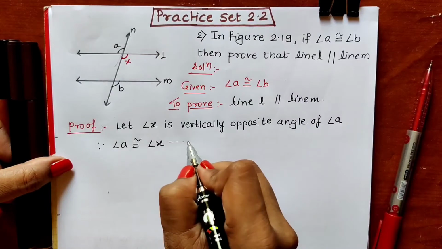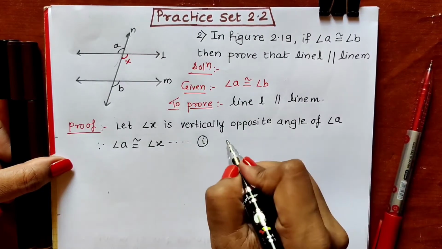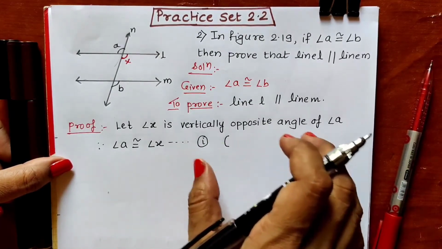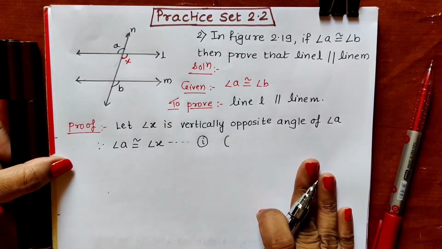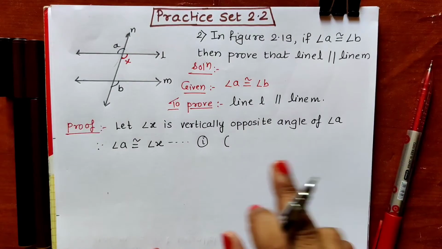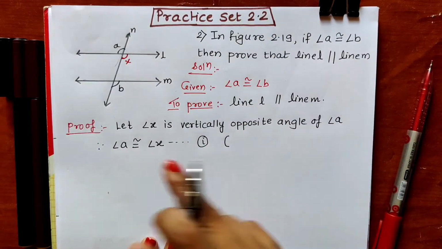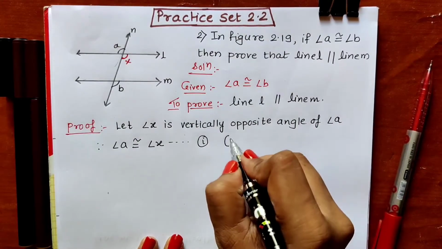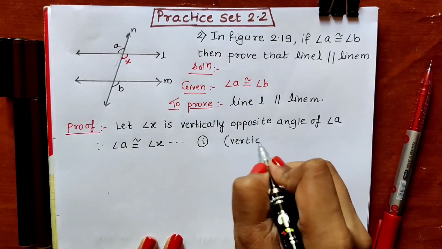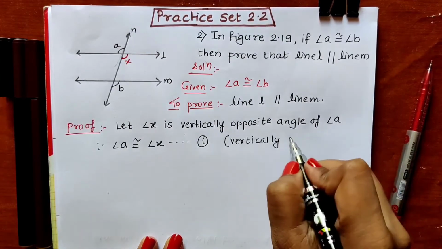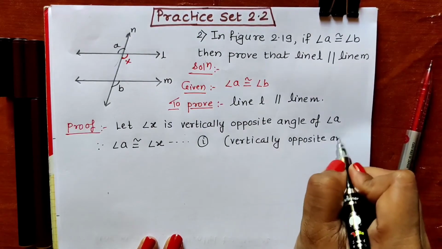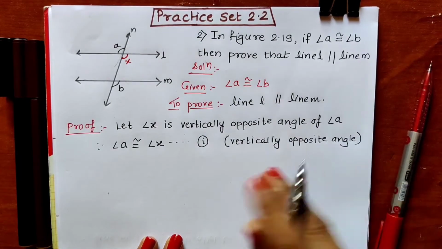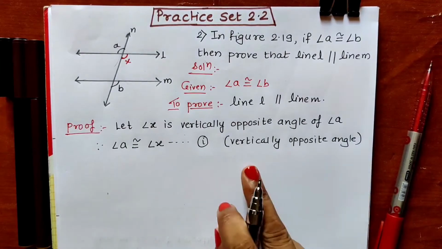This will be our first statement, and for the reason, if you want you can make two parts, one part for the statement and the other part for the reason. Otherwise you can write the reason inside the bracket also. The reason is vertically opposite angles. Vertically opposite angles are always congruent with each other.